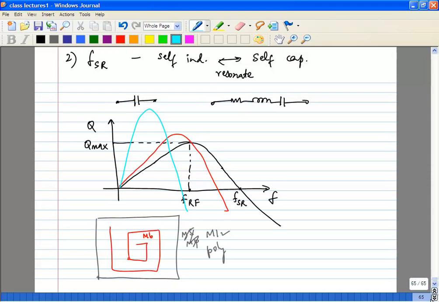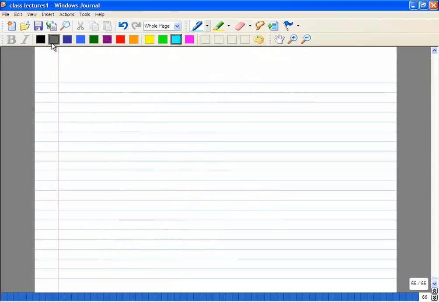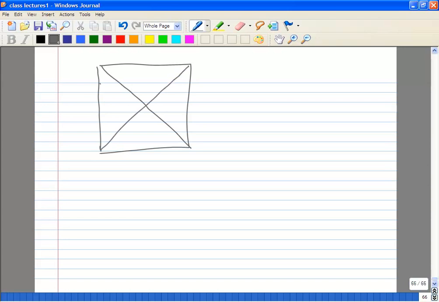Okay. So now, turns out you can do even better, because let's say this is your ground shield. So ground shield will still have some eddy currents, right? What you can do is what is called slotting.